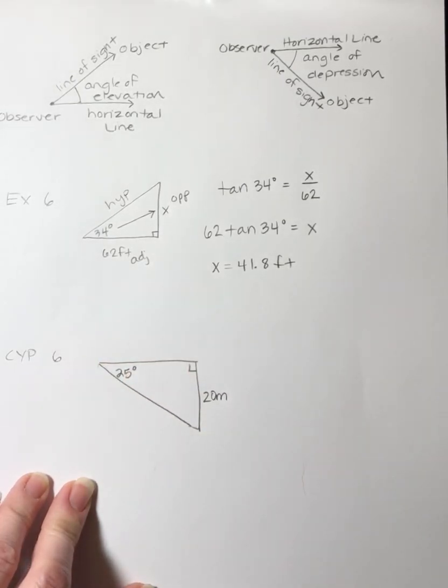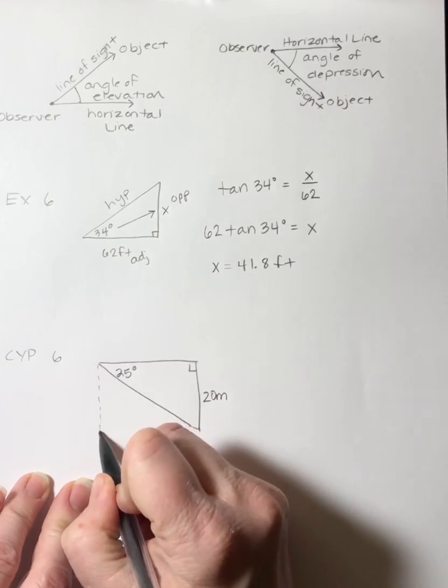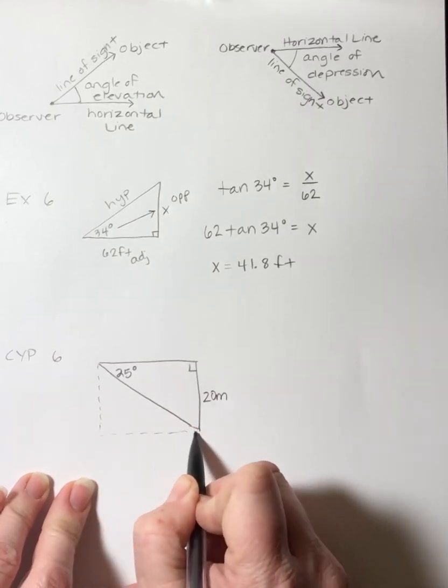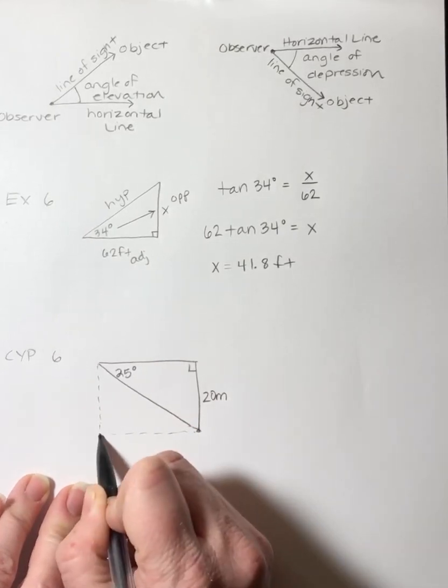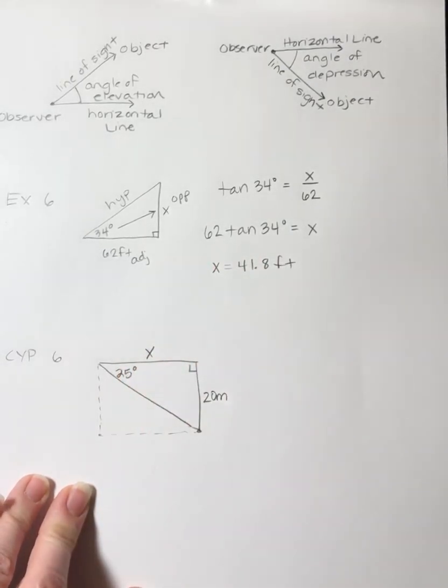How far is the boat from the base of the lighthouse? So if we drew a rectangle, the distance from the boat to the base of the lighthouse would be the same as this distance up here, okay?